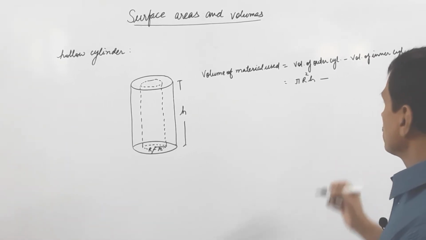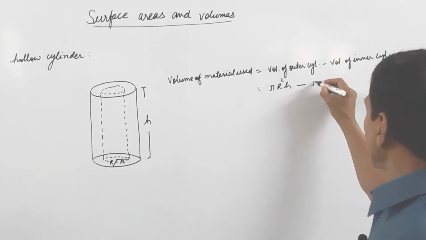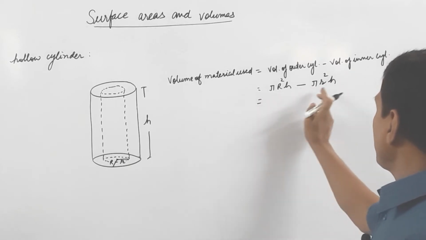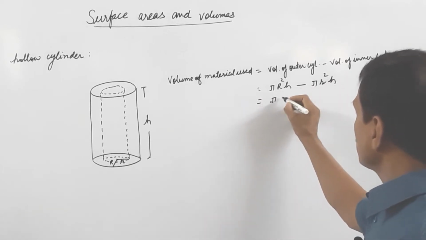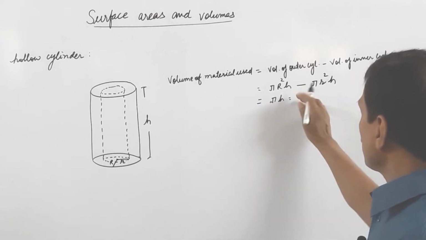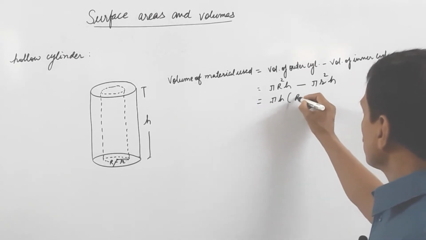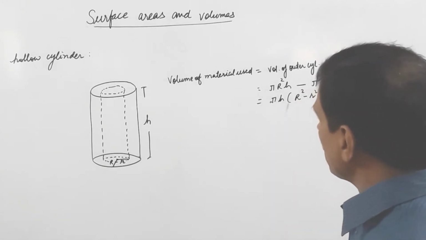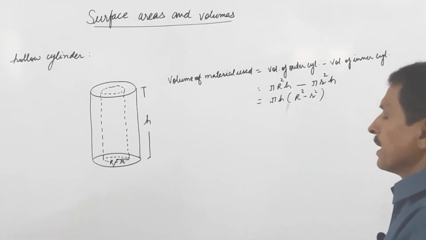Minus volume of inner cylinder, that is pi r square h. As pi and h are common, so pi h into R square minus r square is the volume of the material which is used to make this cylinder.